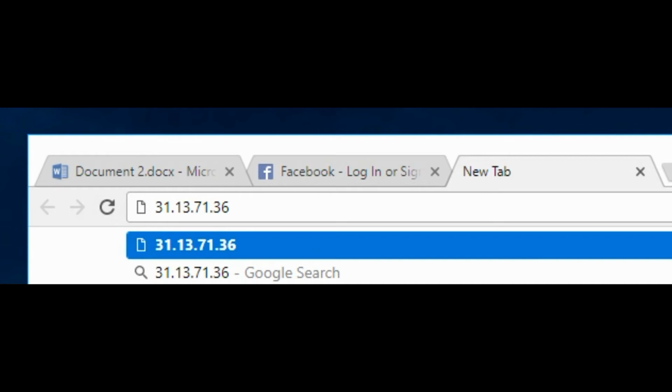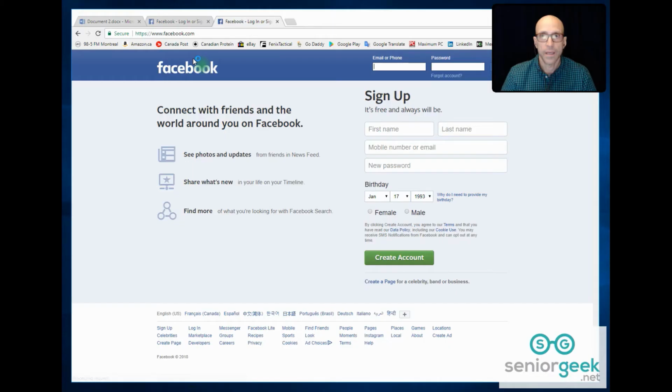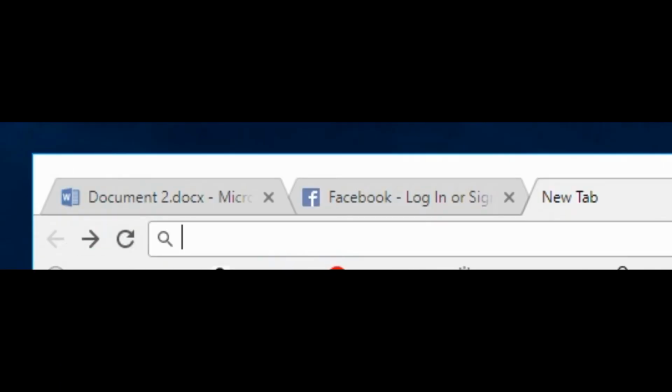That is an IP address. You see, this one happens to have 8 digits. And I click enter. I'm at Facebook. The digits I just typed, and I'll go back and show them to you again, happen to be the IP address of facebook.com, where I am in the world.